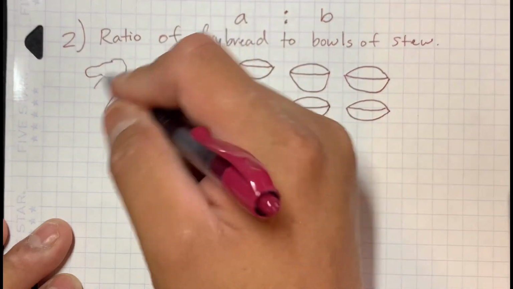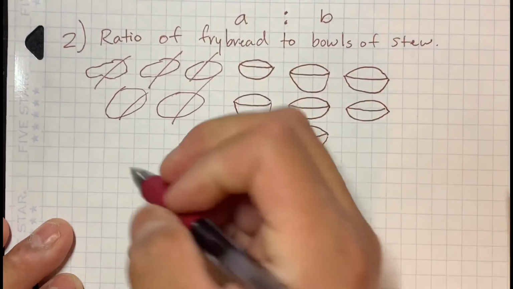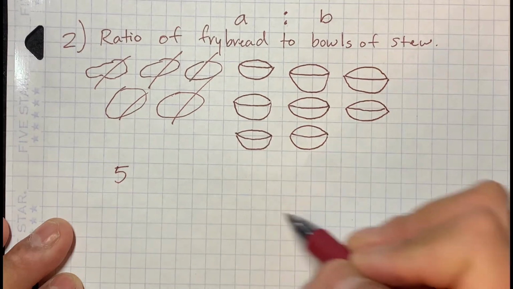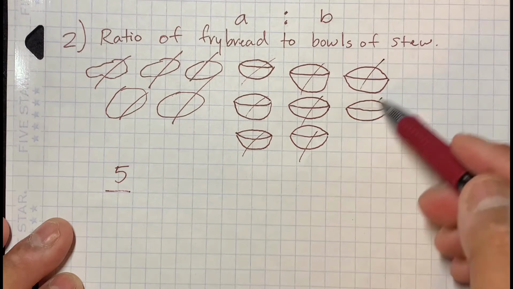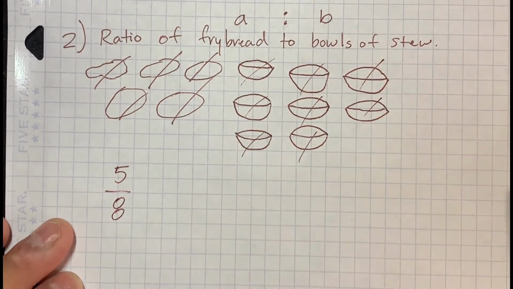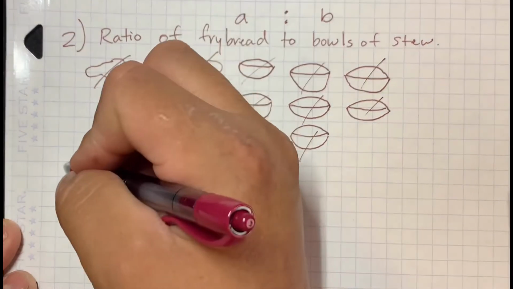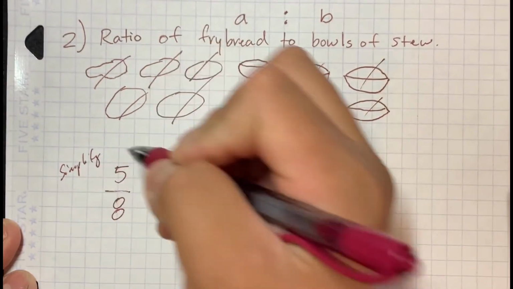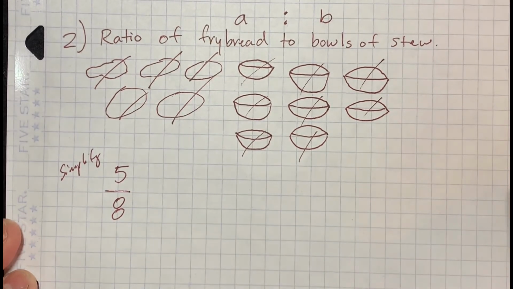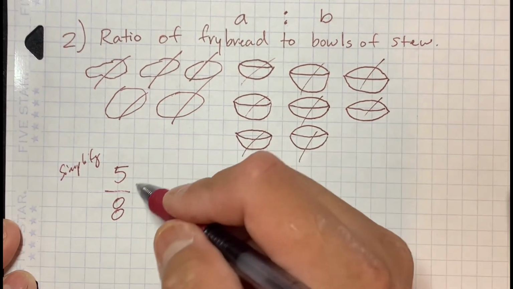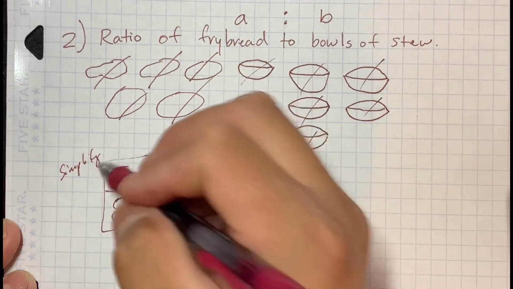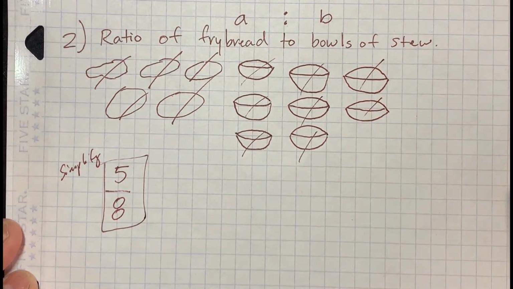Let's cross them out. 1, 2, 3, 4, 5. 5 pieces of fry bread to 1, 2, 3, 4, 5, 6, 7, 8 bowls of stew. Okay. Now, can we simplify this? Can we reduce it? Is there a greatest common factor that can go into both 5 and 8 evenly? Well, I guess the only one is the number 1. This is as simple as it gets. Okay, so there's your final simplified answer there, your ratio.